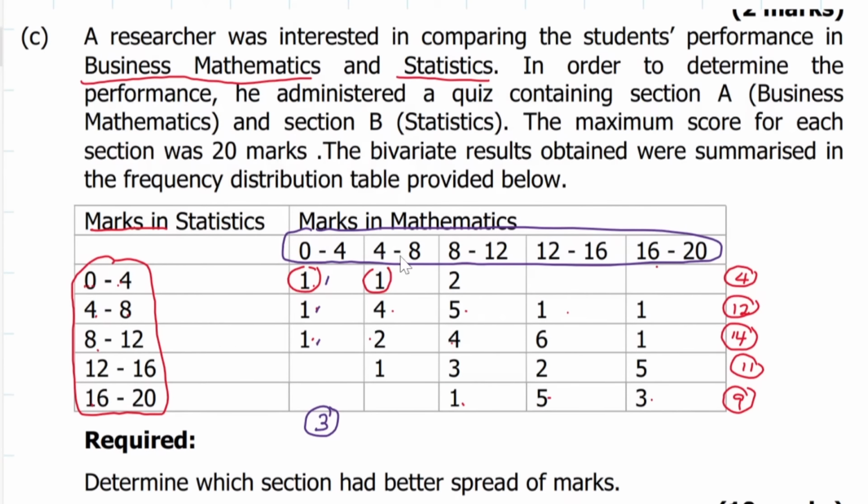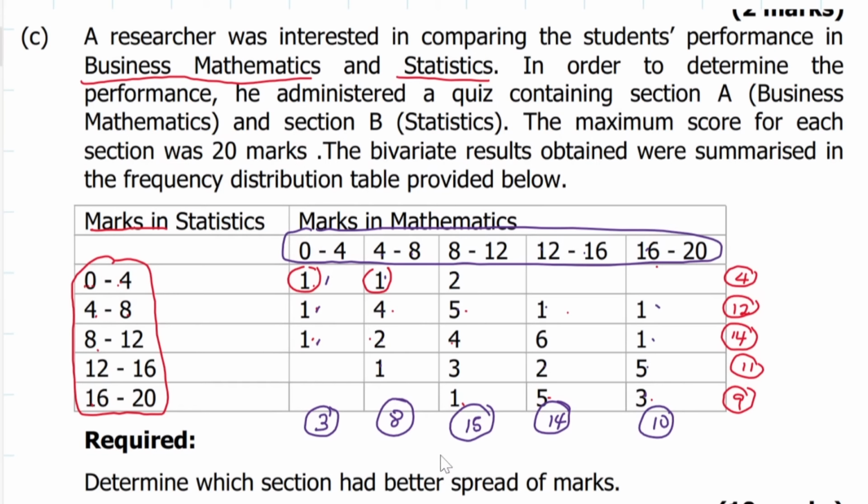Those who got between 4 to 8 is 4, 5, 6, 7, 8 people. Those who got between 8 and 12 marks is 5, 9, 10, 11. These are 15 people. This is 6, 7, 8, 9. These are 14 people, and then these are 5 plus 3, 8, 9, 10. These are the classes, those who got between 12 to 16, 16 to 20, these are the marks for math.